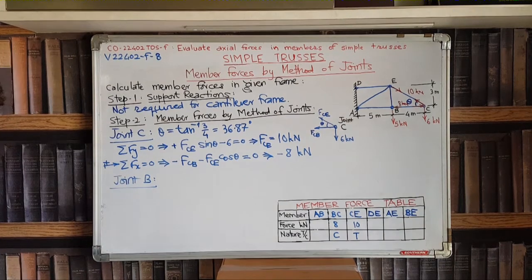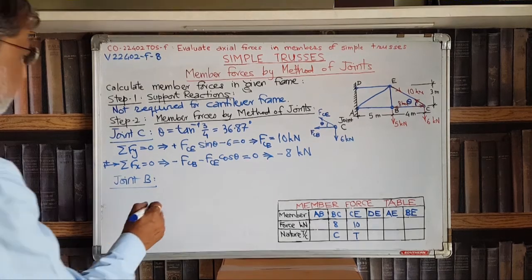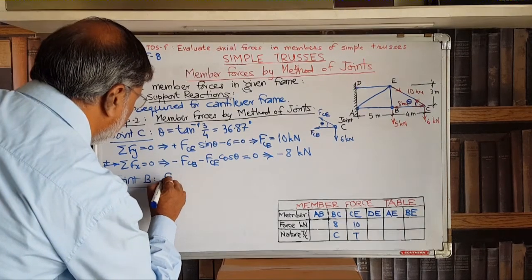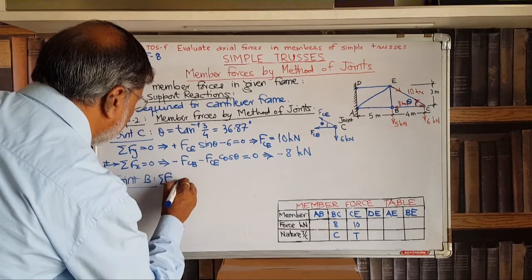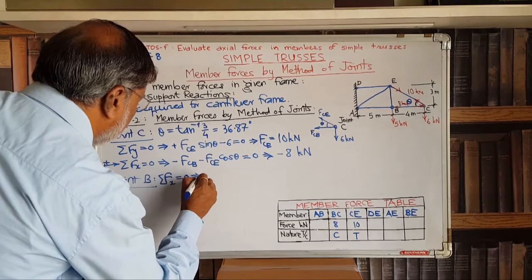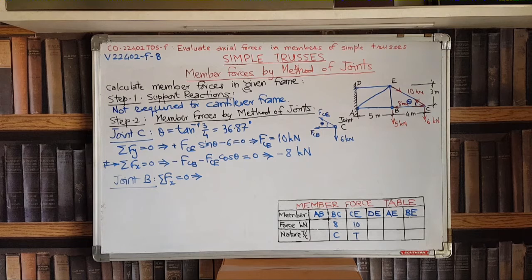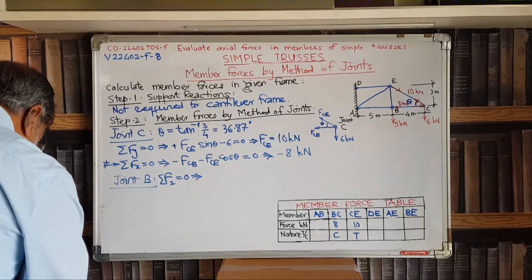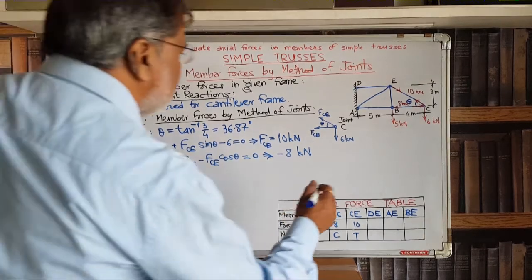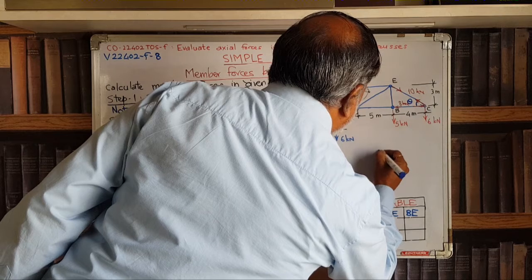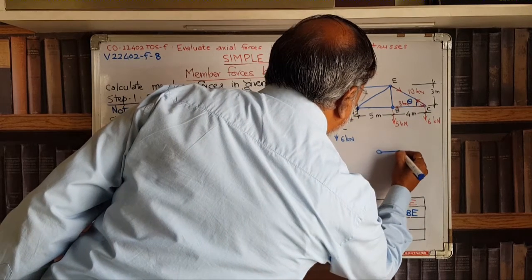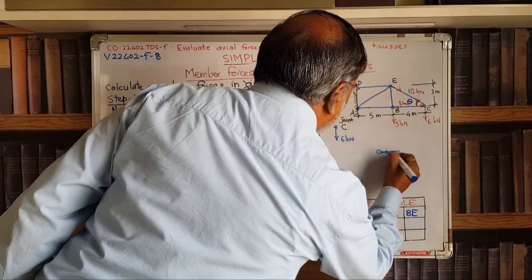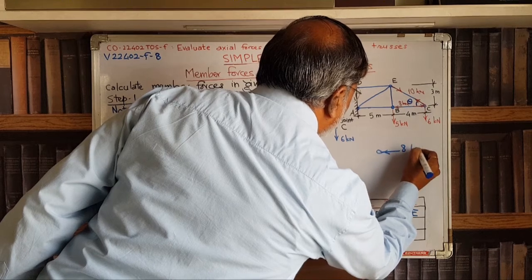So let us apply the condition sigma Fx equal to 0 at joint B. But before that we will have to draw the free body diagram of joint B. So let us draw it. Here is joint B. This force is already known as 8 kilonewton.